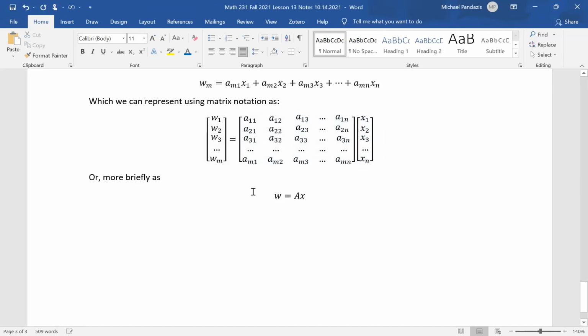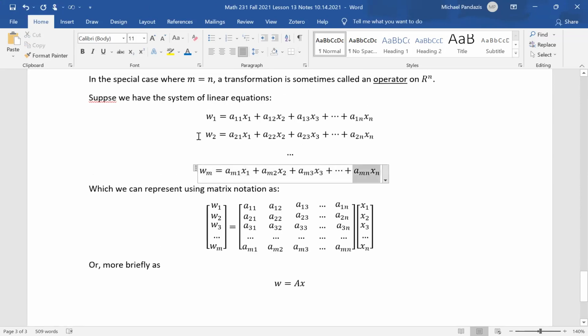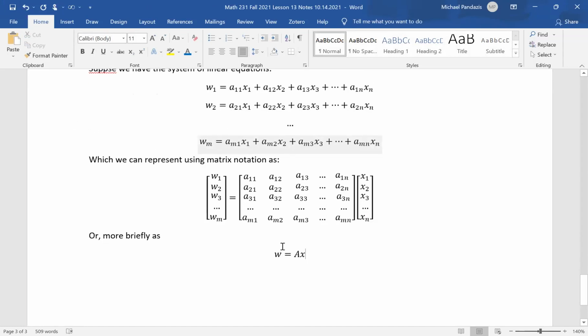So you can express this entire thing as this one matrix equation, W equals capital AX, as long as you stick with convention, and all of these three things mean these matrices. Okay, so we have a compact way of expressing that entire linear system with one short matrix equation, as long as we stick with the conventional notation the entire time.